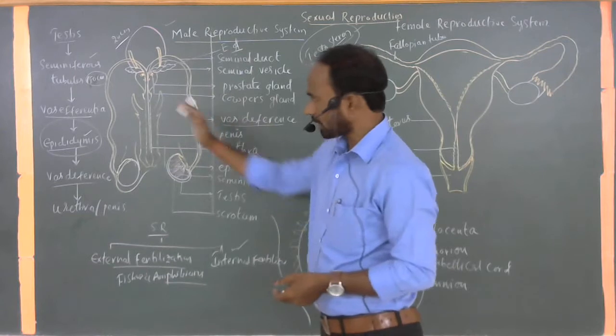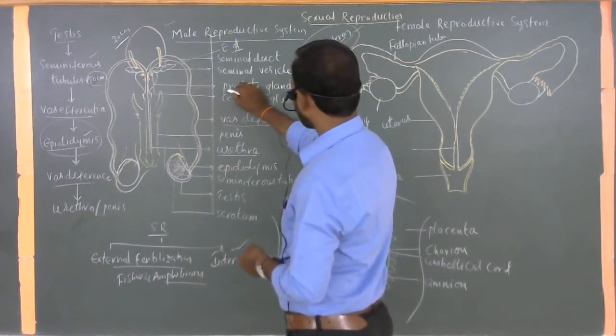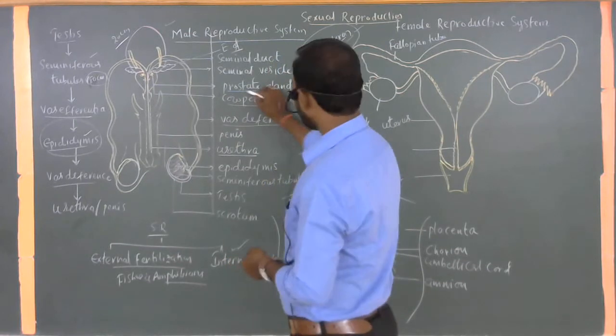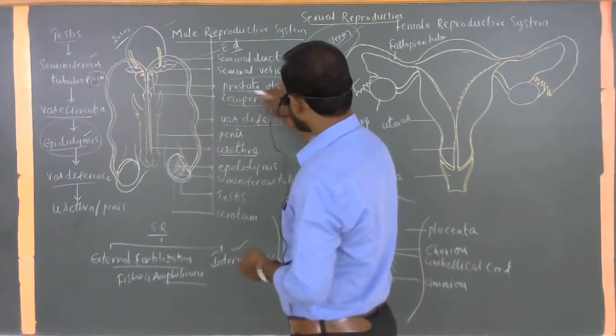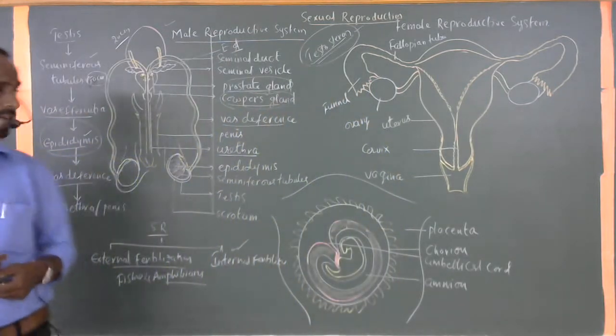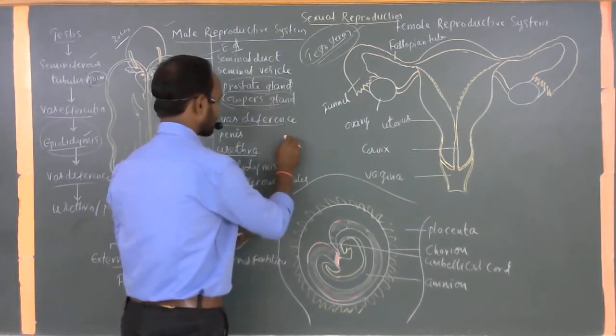In addition to these structures, two more kinds of glands are present: the prostate gland and Cowper's glands. The secretion from the prostate and Cowper's glands is also useful for the activity of the sperm cells. They secrete the liquid commonly called the semen.